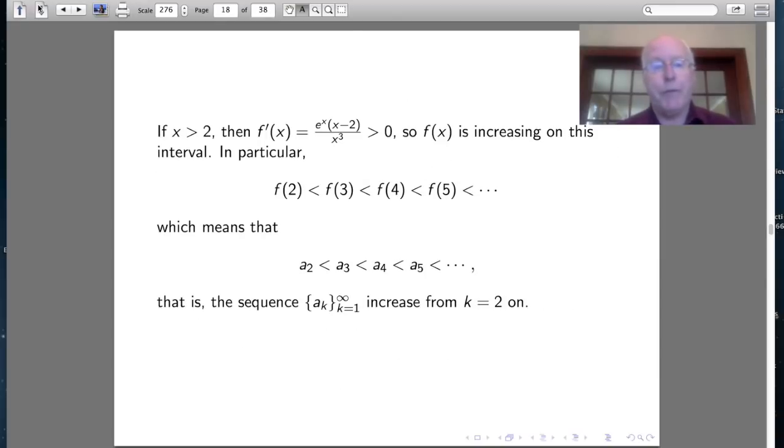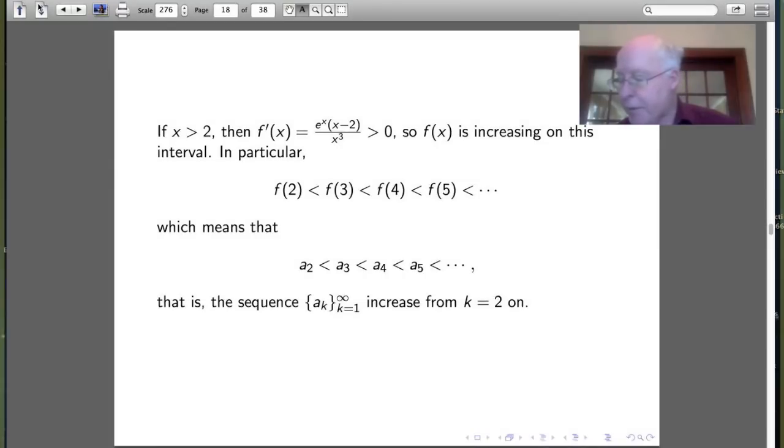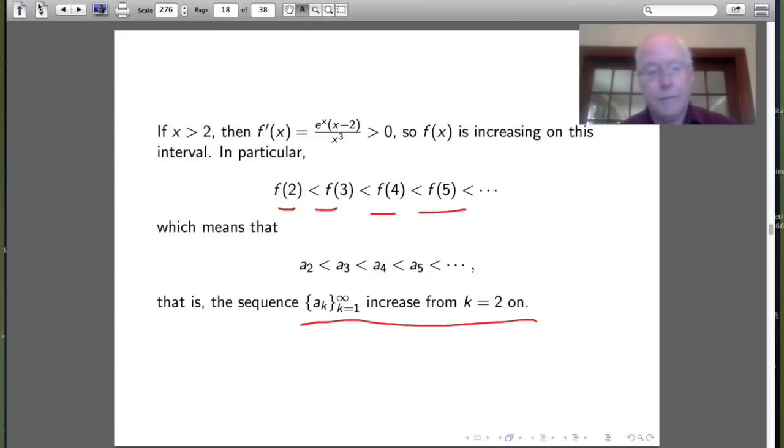If x is bigger than 2, then f prime is greater than 0, so f increases on this interval, and in particular, that leads to the other behavior we saw, that f2 is less than f3, less than f4, etc., and that indicates the sequence is increasing once you hit the point k equals 2. So this sequence, k running from 1 to infinity, increases from k equals 2 on.